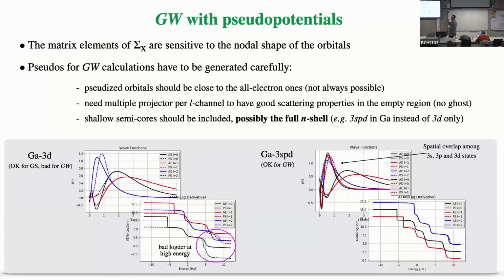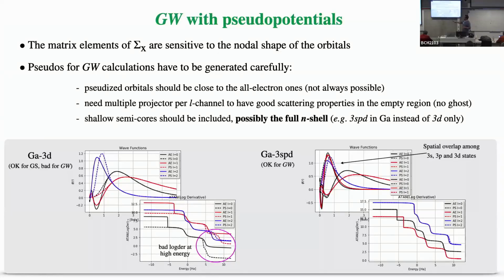This means that if you have a system in which the 3d electrons participate in the CBM or the VBM, then if you use this pseudopotential, the 3s and 3p electrons will be included in the Fock operator in your self-energy calculation. The matrix elements of sigma x will see this overlap.